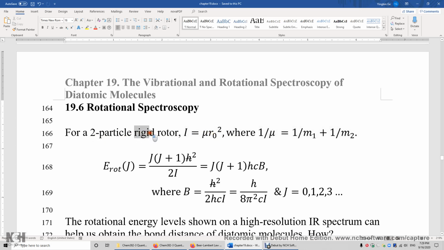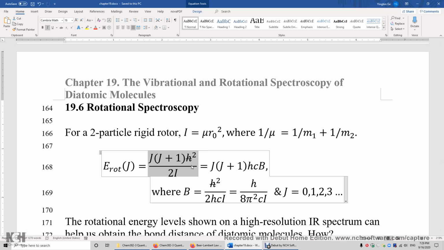We have a rigid rotor. The rotational energy is J times J plus 1 times h bar squared over 2I. And we can also define a rotational constant B this way.